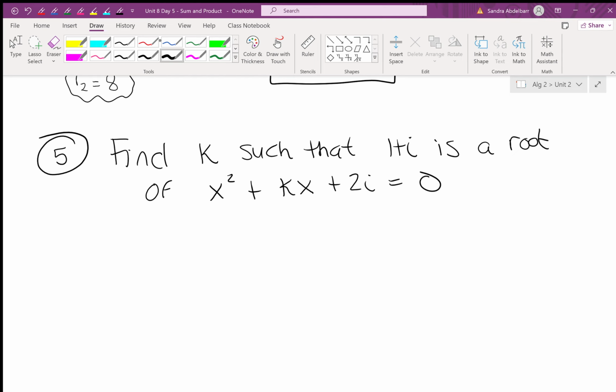Oh, sorry, find the other root and k. Sorry, find the other root and k such that 1 plus i is a root of x squared plus kx plus 2i equals 0. There we go.